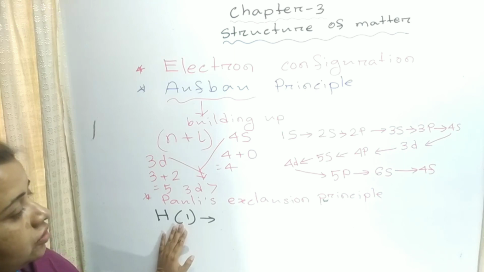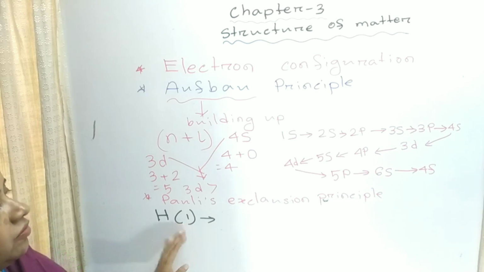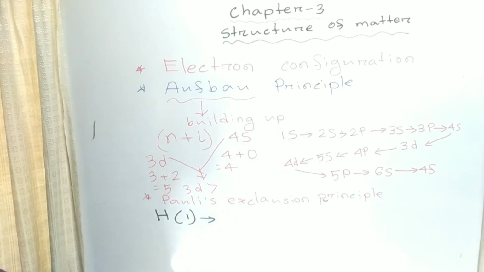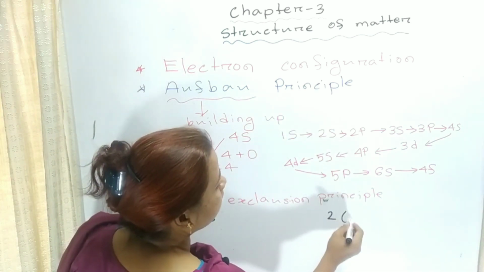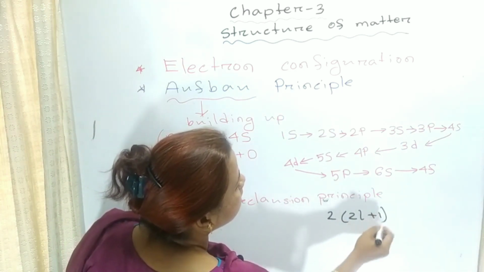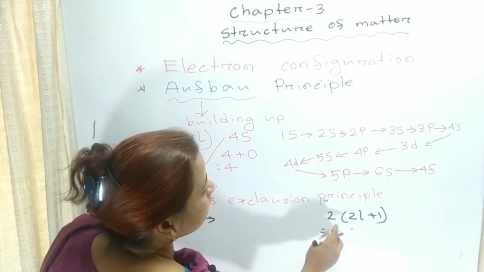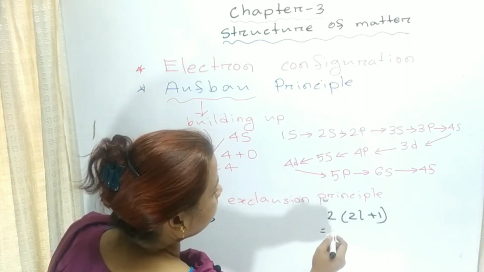If you want to know, you have to apply a formula. How many electrons are there in an s orbital? For determining this, you can apply this formula: 2 into twice L plus 1.